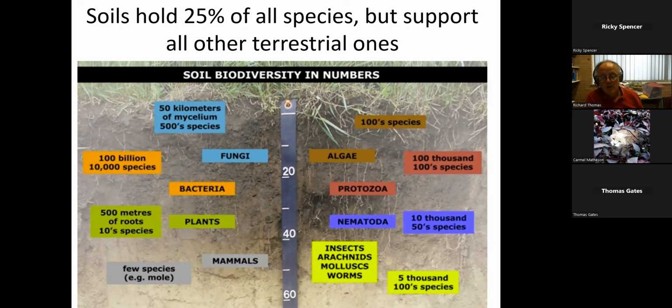That's things like fungi, bacteria, plants, protozoa, algae, hundreds and thousands of species of nematodes. Without them, if anything goes wrong with this, there's no chance of supporting any macrovertebrates or any other forms of life on the terrestrial surface. So our life on Earth depends on the health of soils.